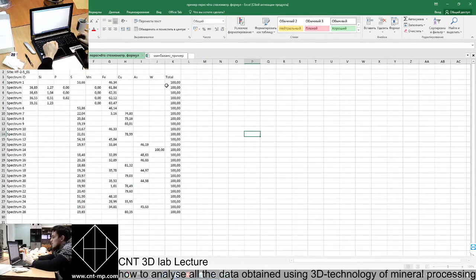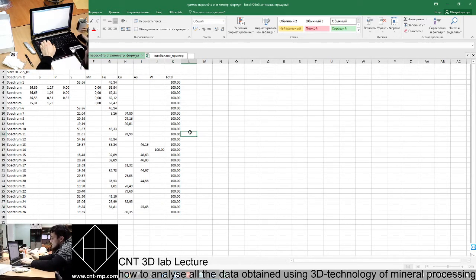If you see a 100% sum of EPMA, this is definitely not a good analysis because it was normalized, and when the operator normalizes the analysis, we lose the information about elements which cannot be detected using an electron microscope.